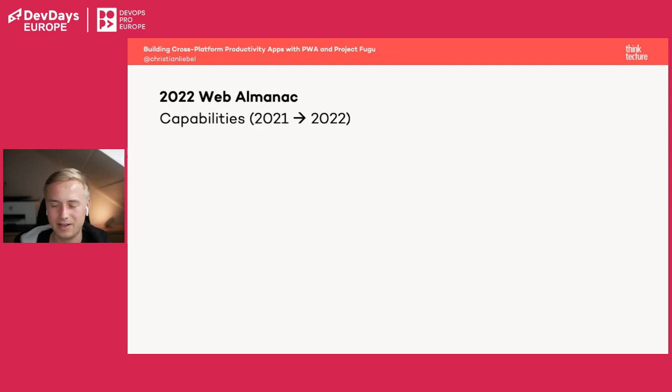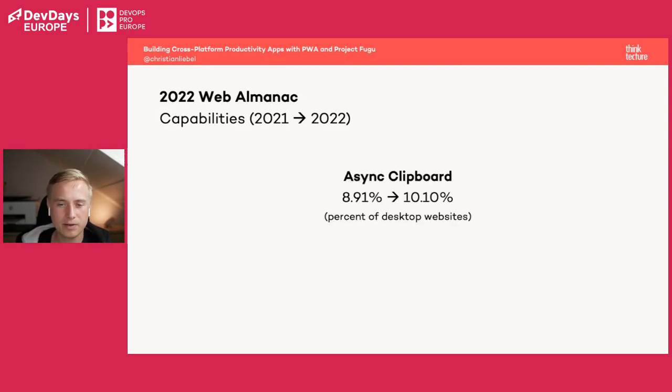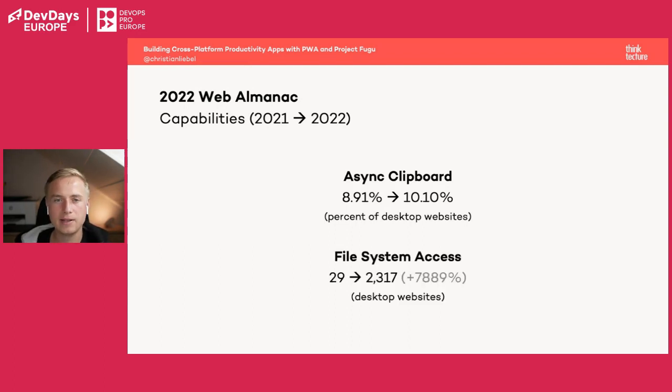So I was part of the content team for the 2022 Web Almanac, where we basically compare how much APIs are used. And what we found out was that the async clipboard API in 2021 was used on approximately 9% of all desktop websites, and in 2022 it was 10% already. And for file system access, that number is even bigger, right?